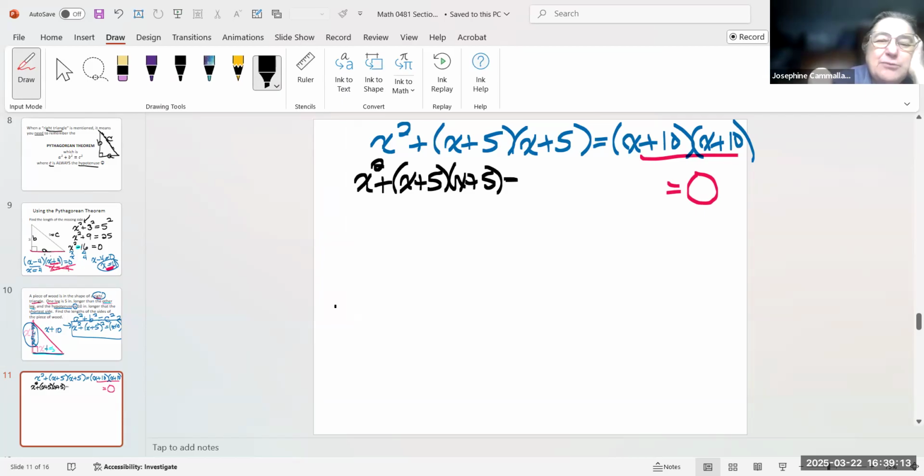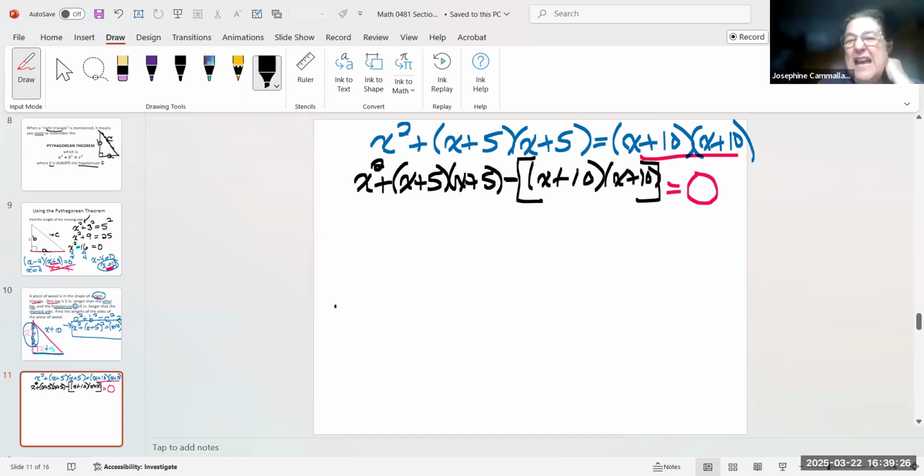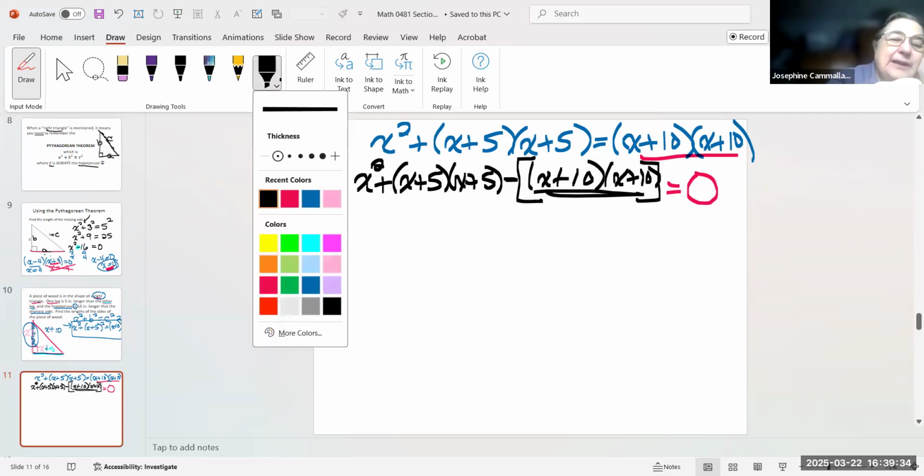Now I'm subtracting this term, which is why I'm going to put it in brackets, so I don't lose the negative sign. I've got to distribute it to everything here. Well, here we go.